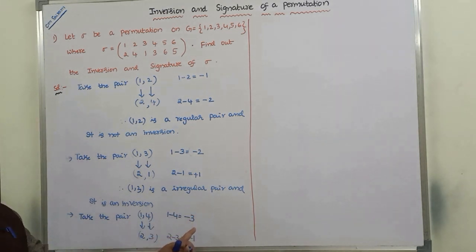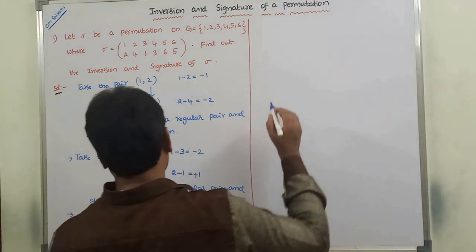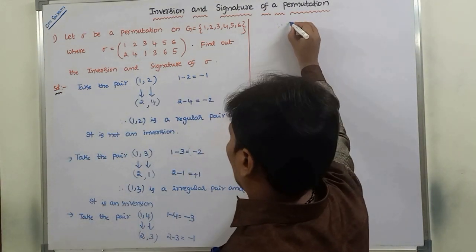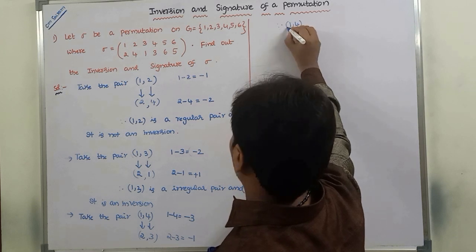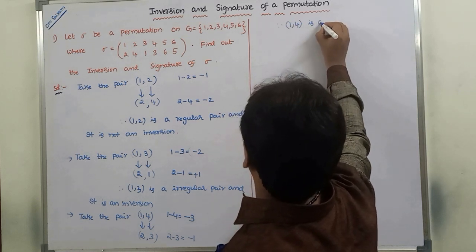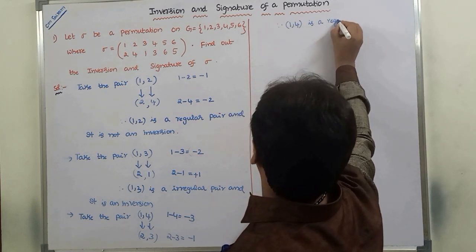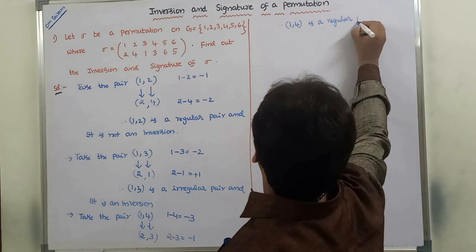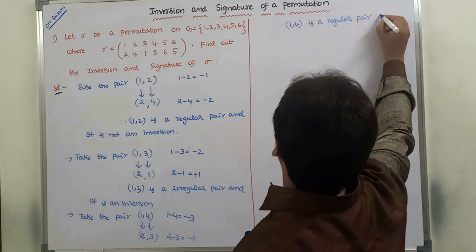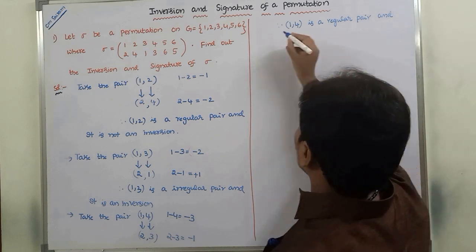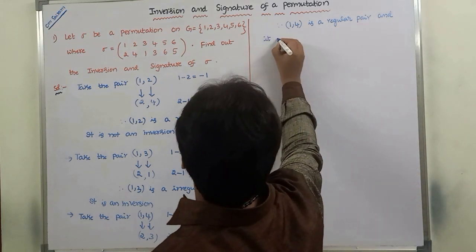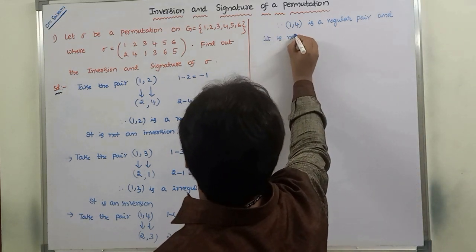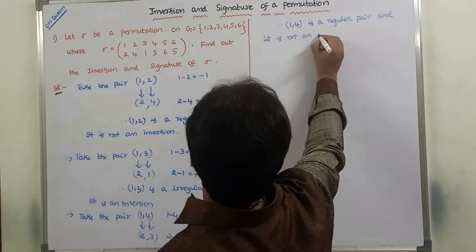Both are negative results. Therefore 1,4 is a regular pair, and it is not an inversion.